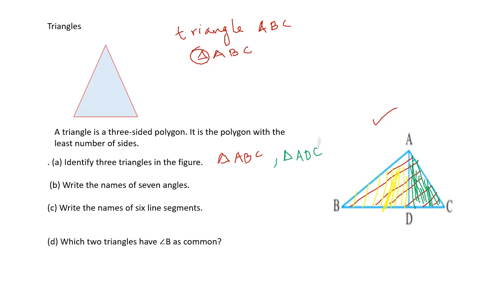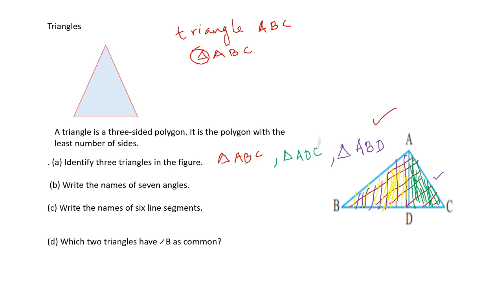So from here, if you take it, you have this portion of the triangle. Again, we can write it as triangle ABD. So how many triangles are there? Three triangles. We have identified all three triangles. The first one is the big triangle ABC. Then we have the small triangle here, that is ADC, and on the other side ABD.